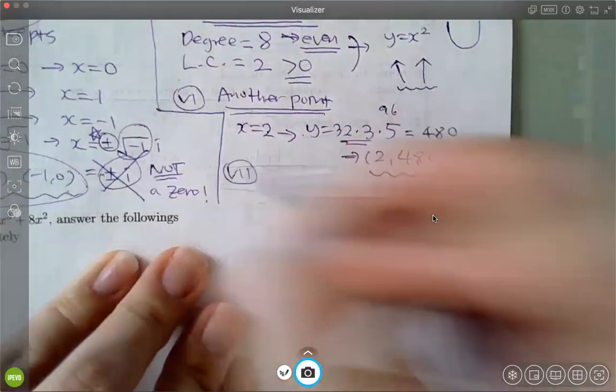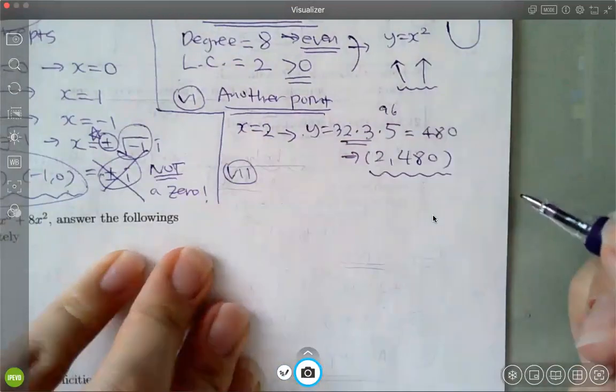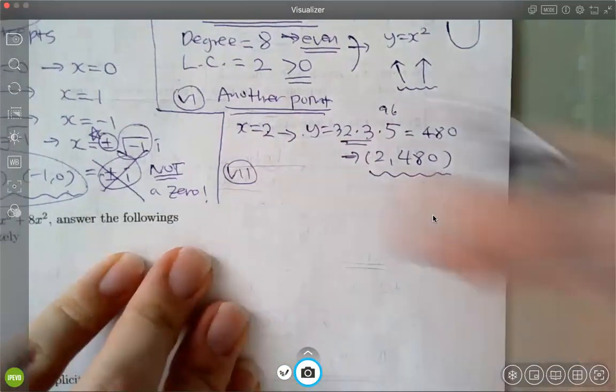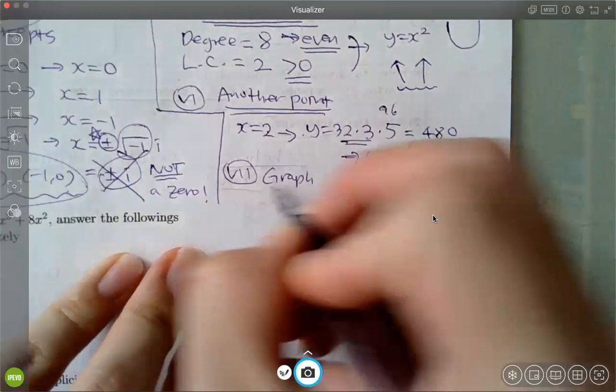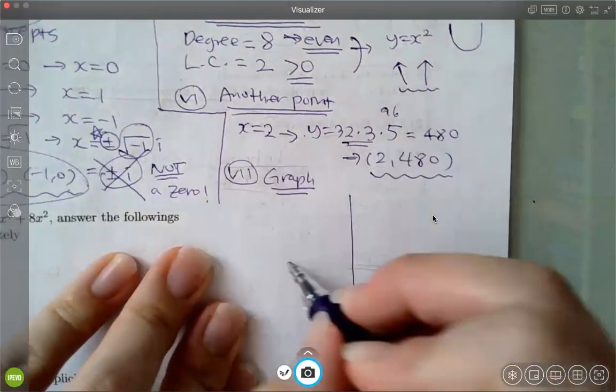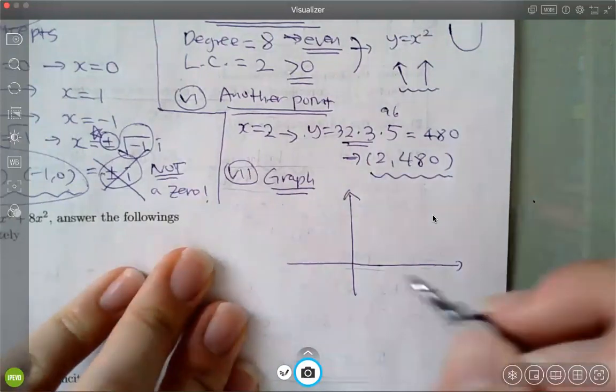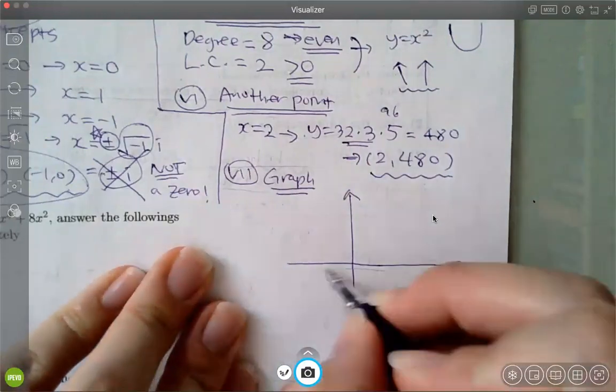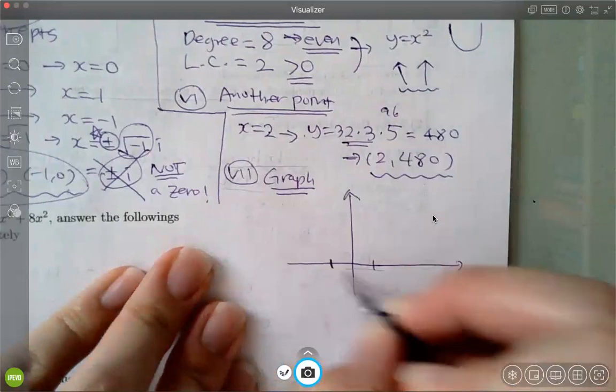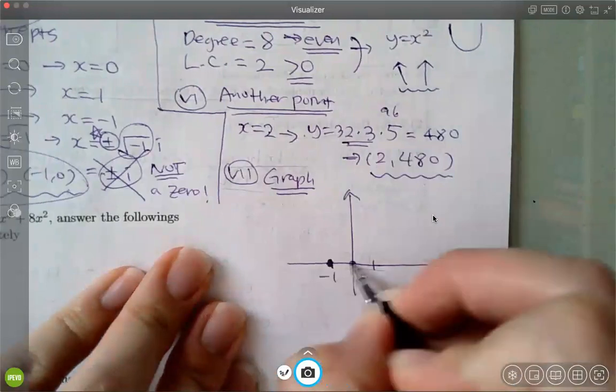So now we have all the ingredients, so let's graph. Here's the XY plane. Now there are 3 x-intercepts: -1, 0, and 1.